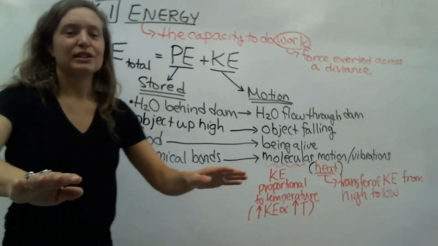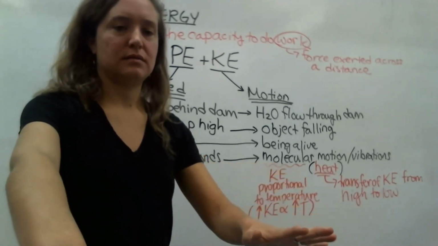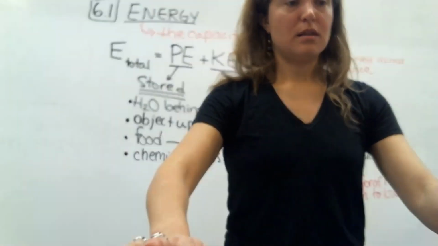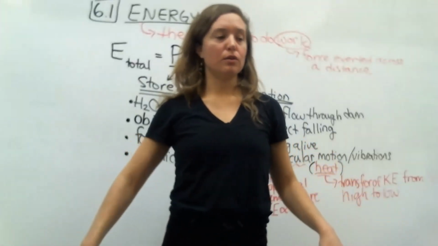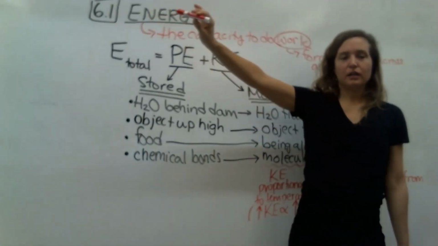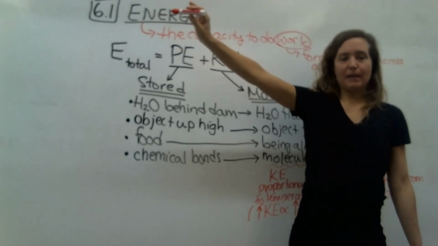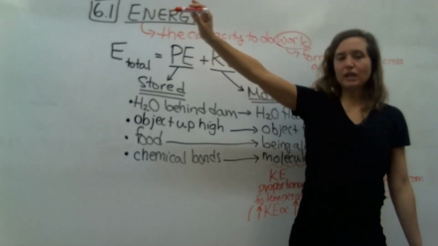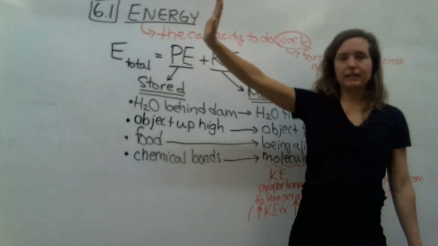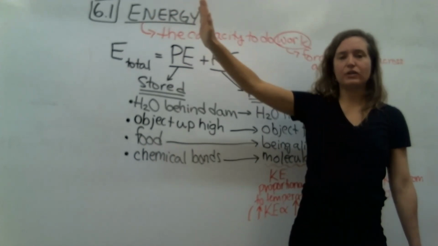Good question. So yeah, okay, I'm just trying to get it to focus. When you drop this marker, it has high potential energy here, and then you let it go, and it turns into kinetic energy, and all of a sudden it stops. Where does that energy go?